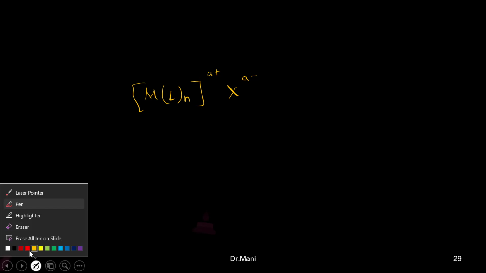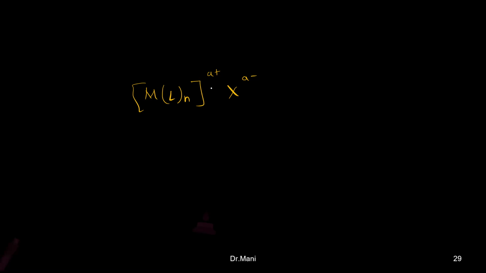One more thing. So M, L, N, A plus, X, A minus. Okay. So in this A plus, charge on the coordination entity. So this entire thing we call it as coordination entity. So charge on the coordination entity.